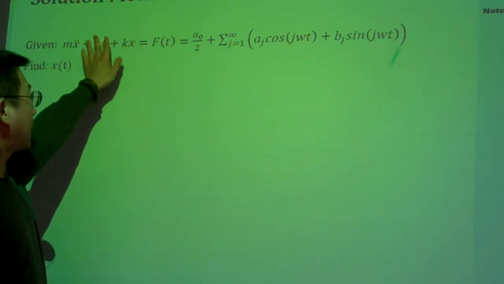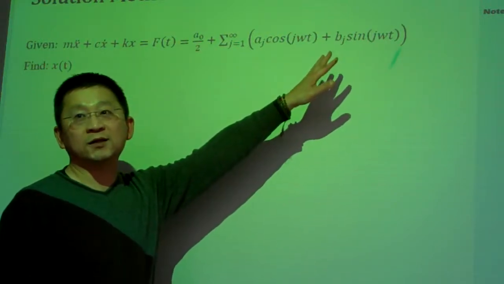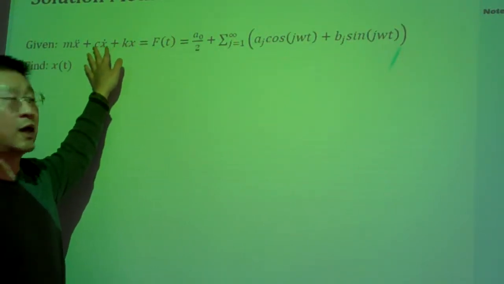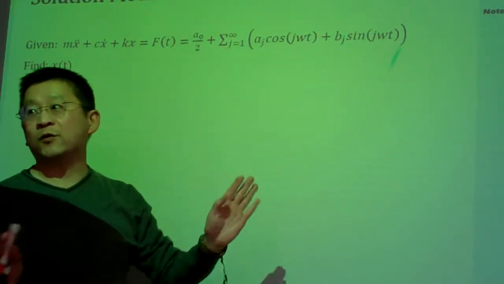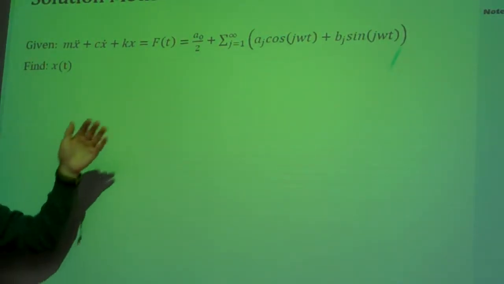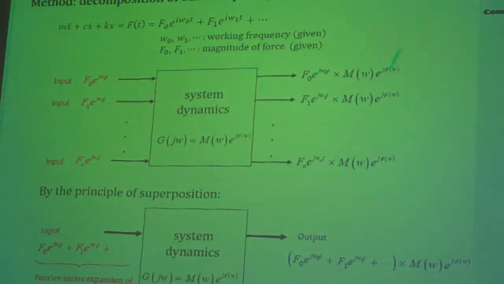You know how to calculate the response to cosine omega t, sine omega t, and even cosine 2 omega t or n omega t, whatever omega. So we simply add up the individual responses, and that is the total response. Okay? So that is the concept.